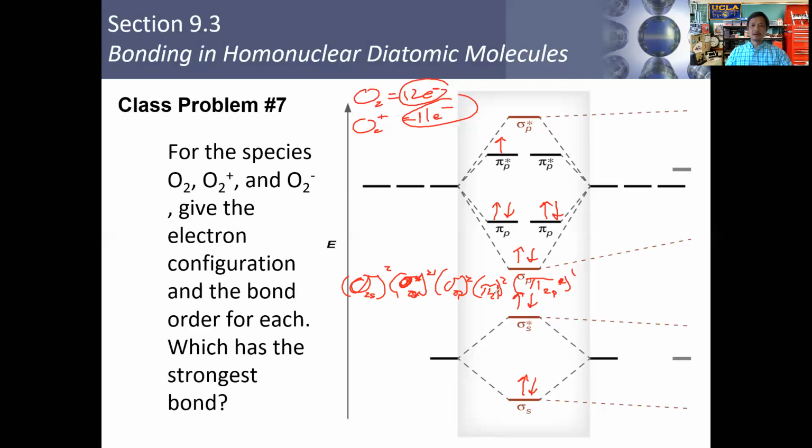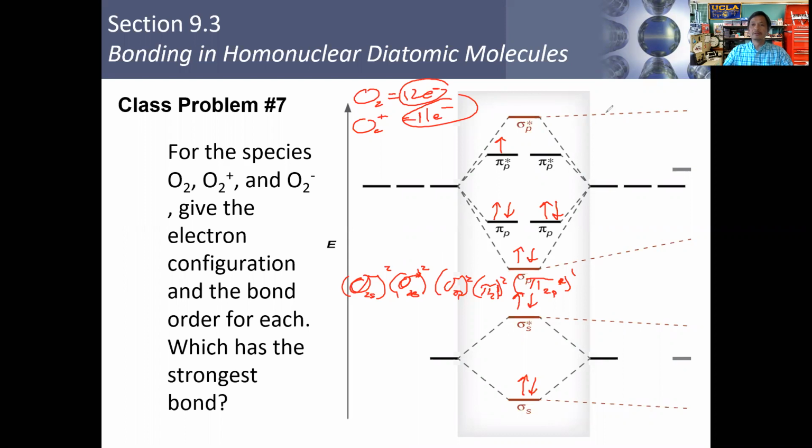Let me clean this up for you a little bit. Go ahead and write this down again. This is sigma 2s, sigma 2s star with 2 electrons each.